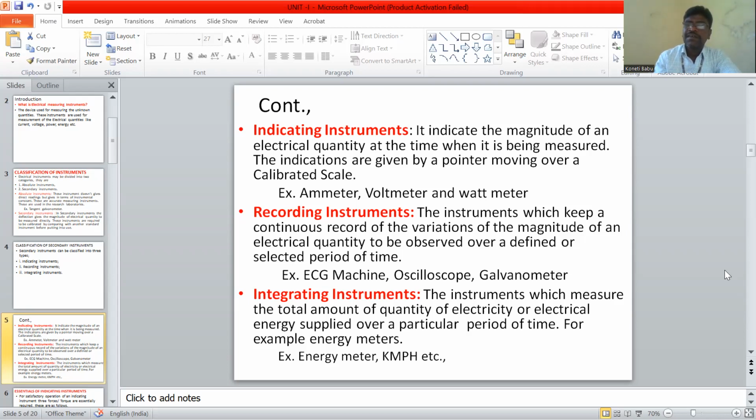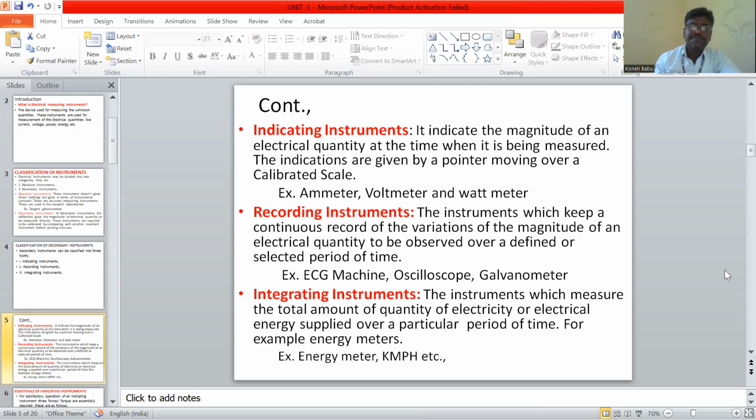Examples of indicating instruments are the ordinary ammeter, voltmeter, and wattmeter, etc.